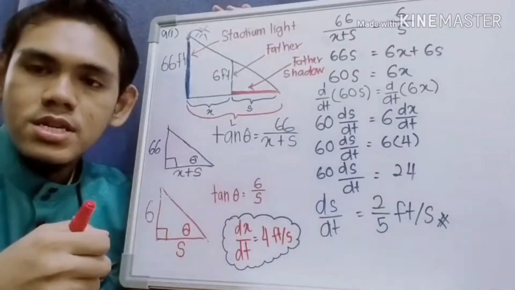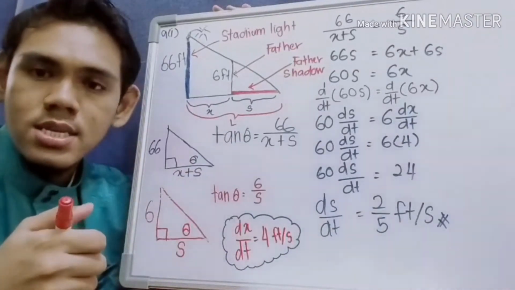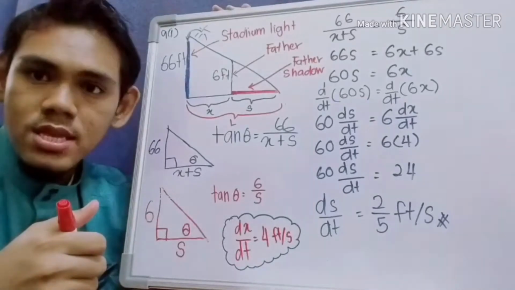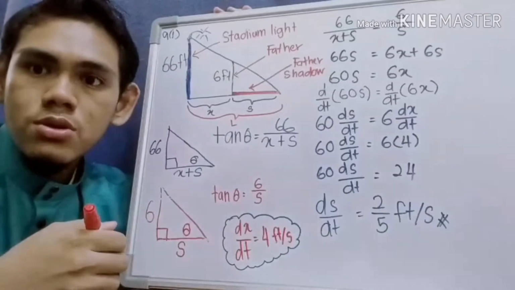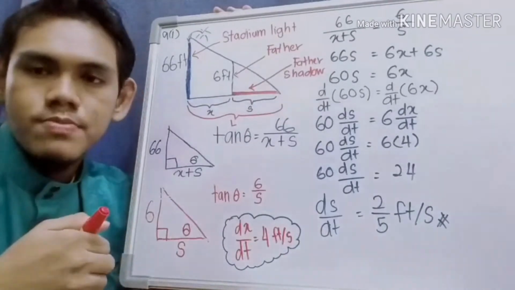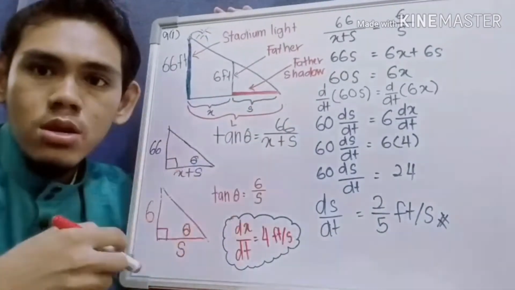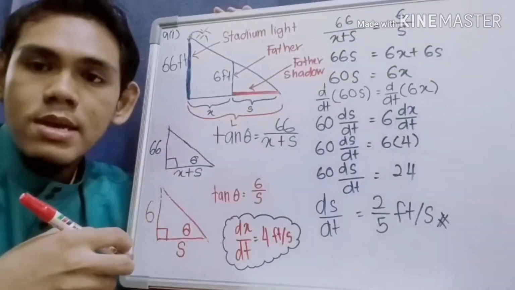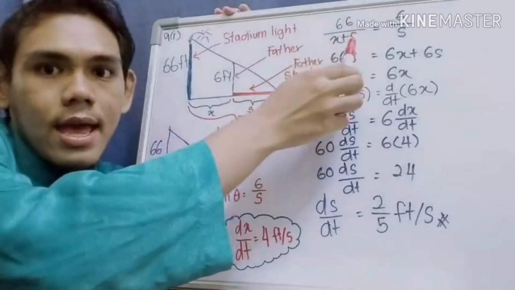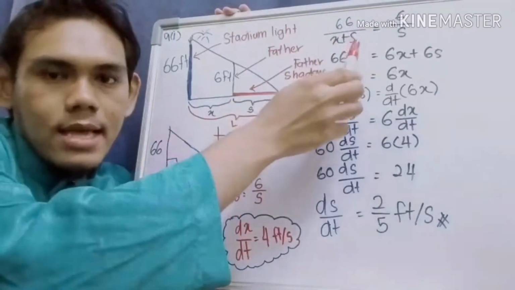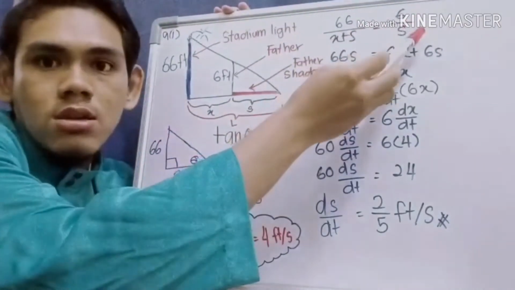The other information we can get from the question is that dx over dt equals 4 feet per second. Now we will go to the solution. These two values need to be equal to each other, so 66 over x plus s equals 6 over s.